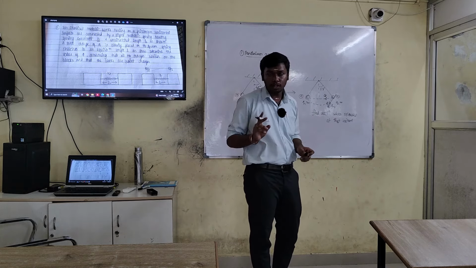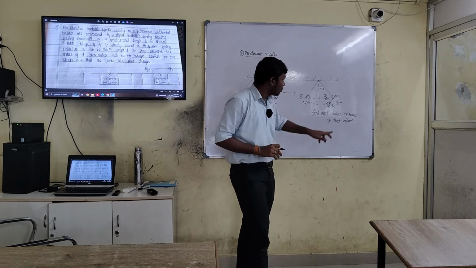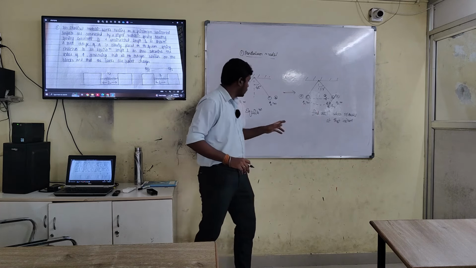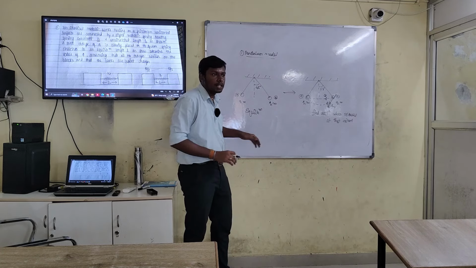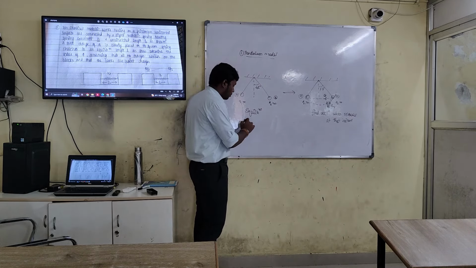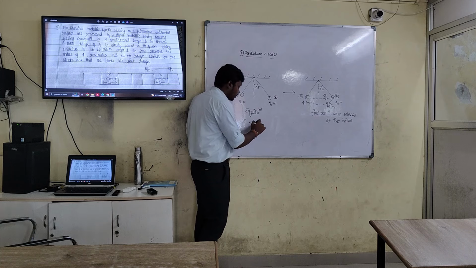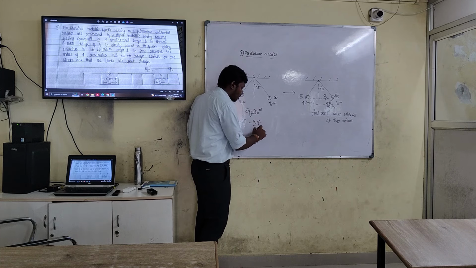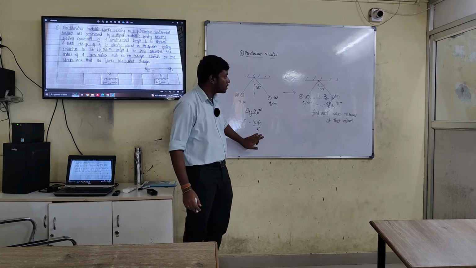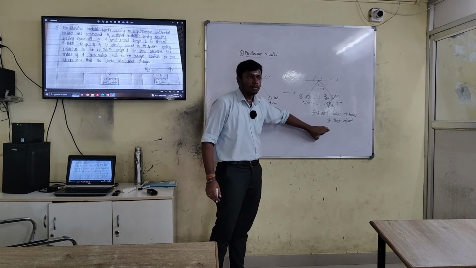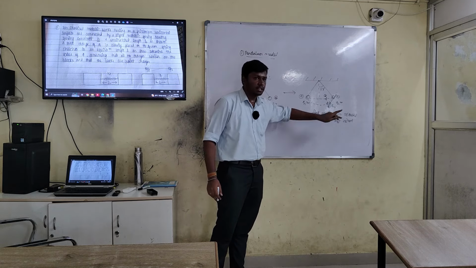There is no time, and I have another question to explain also. I have given the hint also. From this, find the value of kq square by l square. You can find the force, the value of kq square by l square. Substitute it in that and you can find the acceleration.